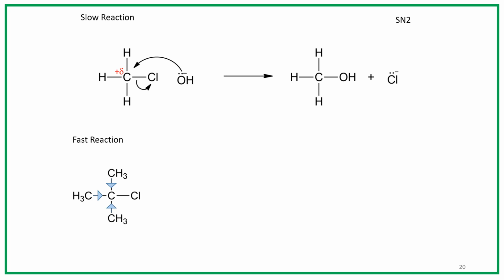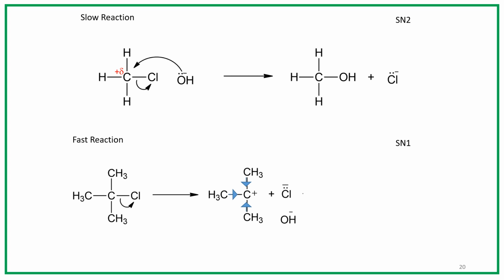Therefore, it can neutralize the positive charge produced. So the chlorine can leave by making a positive carbocation, and this can be neutralized by the induction effect. Therefore, these carbocations are stable. So this kind of reaction can take place with this kind of molecule, which we call a tertiary alkyl halide.